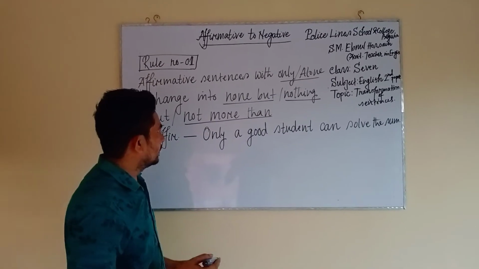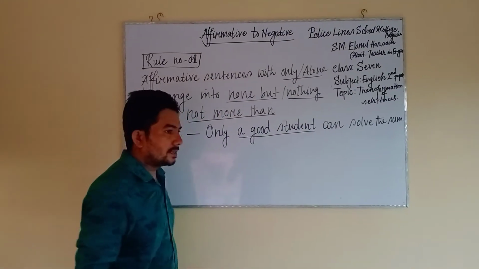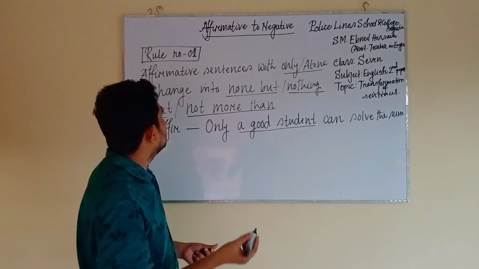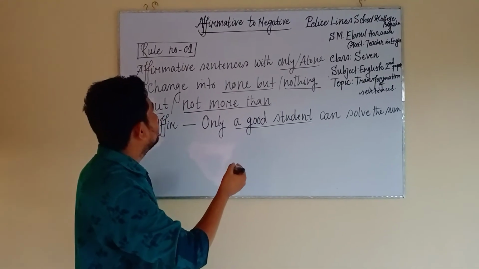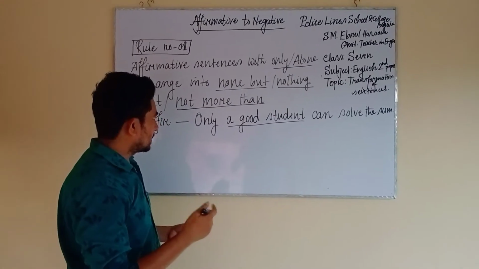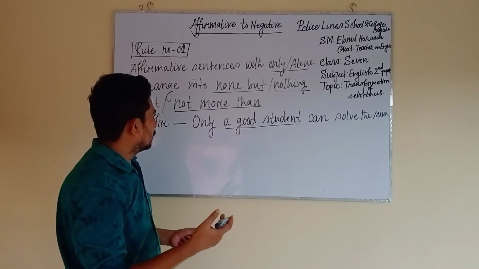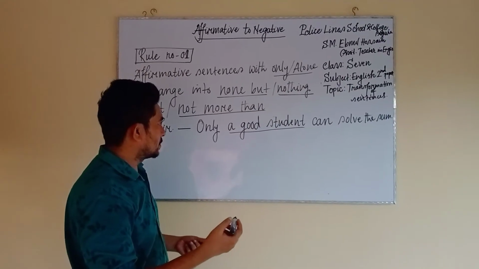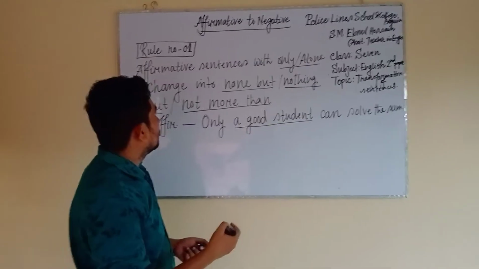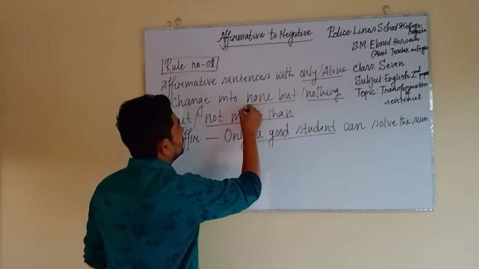Here we can say that a good student, that means this is a person, and we already said that if the only or alone takes its position before any person, or it denotes a person, then we can change this affirmative sentence into negative one by using none but.